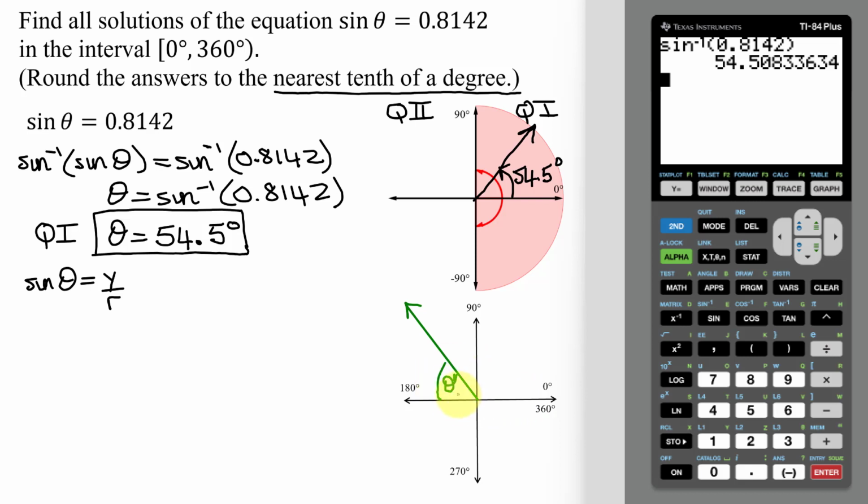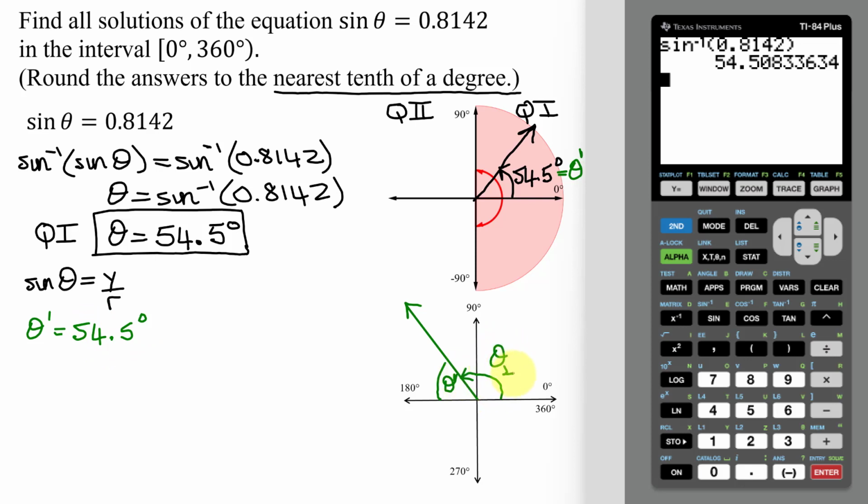And the reference angle for the angle in quadrant 2 has to equal the reference angle for the angle in quadrant 1. And what is the reference angle for the angle in quadrant 1? Well, remember, in quadrant 1, an angle is equal to its reference angle. So I know my reference angle for both of these angles has to be 54.5 degrees.